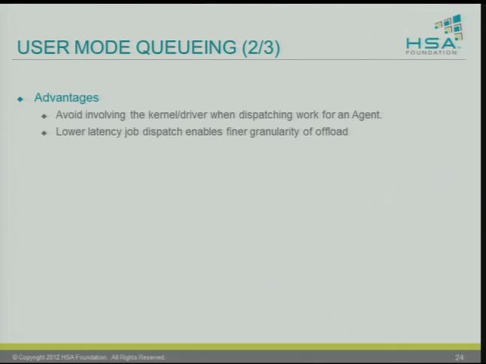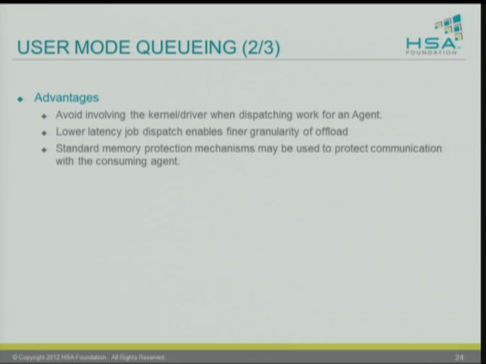So this is obviously much lower latency because you're not going into a different privilege level. You're not dealing with the operating system at all. So this can actually enable, hopefully, a finer granularity of offload. And of course, you can use standard memory protection mechanisms to basically guard communication with the different agents. So you just use shared memory protection for guarding these queues.